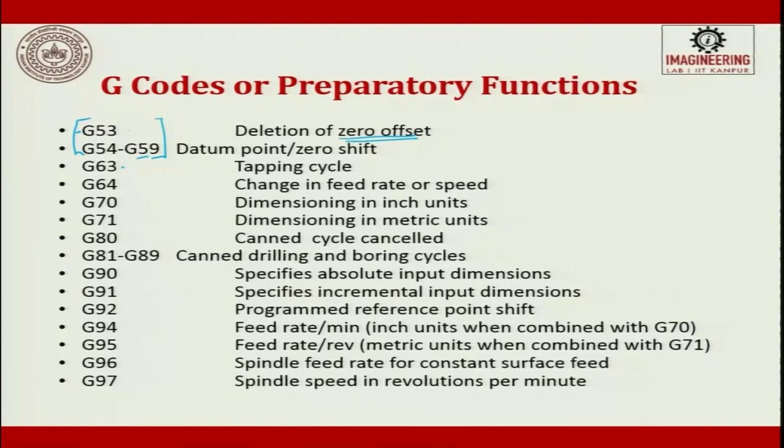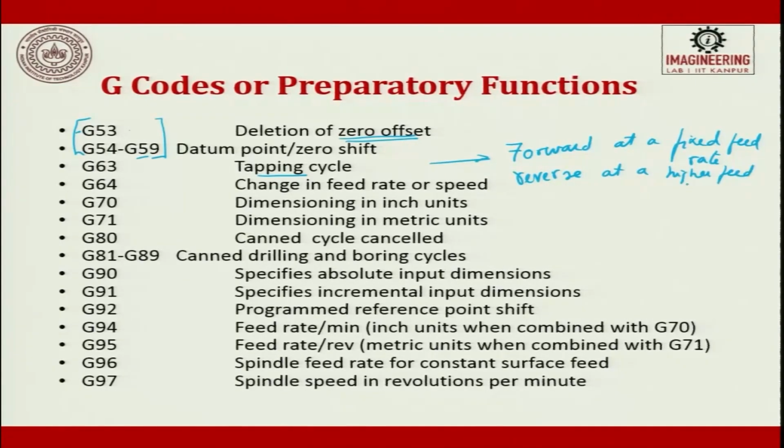Next, G63 talks about a tapping cycle. When we talk about the tapping cycle, when it moves forward, it moves at a fixed feed rate, and when it reverses back, it travels at a higher feed rate.